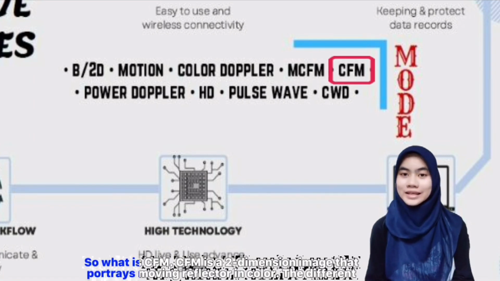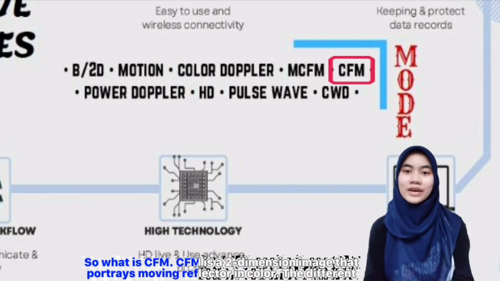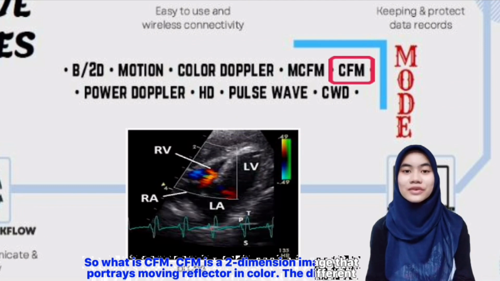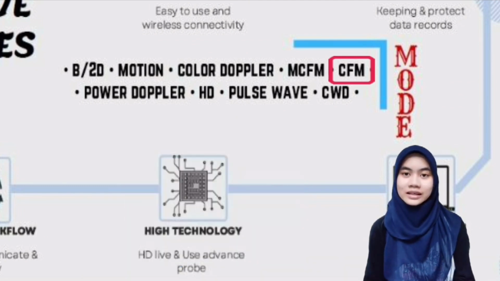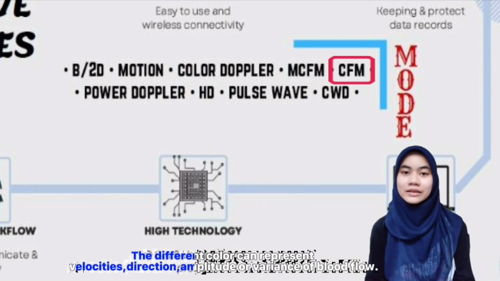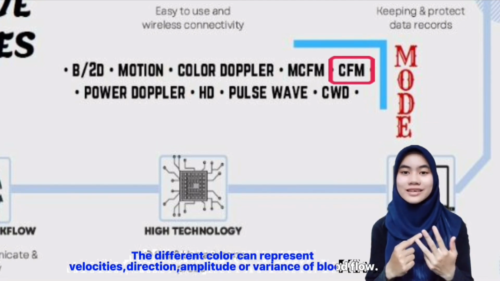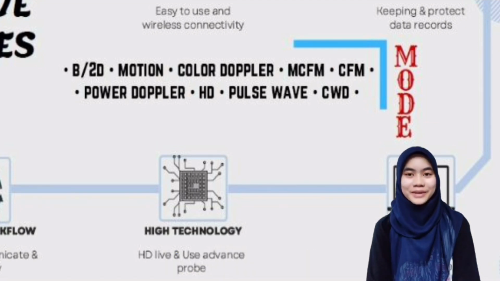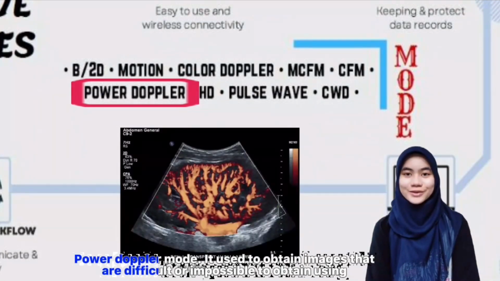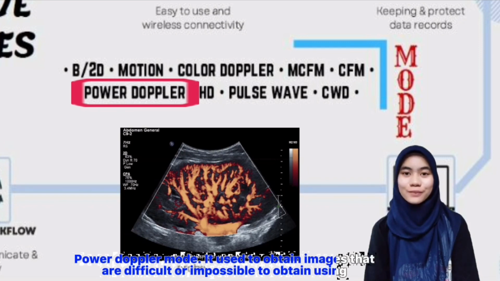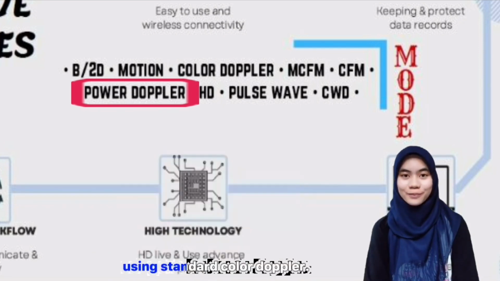So, what is CFM? CFM is a two-dimensional image that portrays moving reflectors in color. The different colors can represent velocity, direction, amplitude or variance of blood flow. Power Doppler mode is used to obtain images that are difficult or impossible to obtain using standard color Doppler.